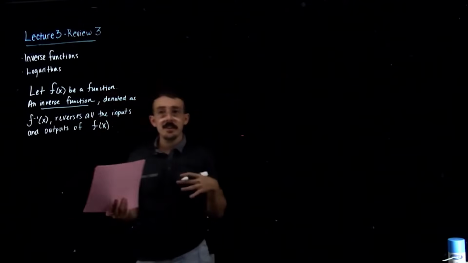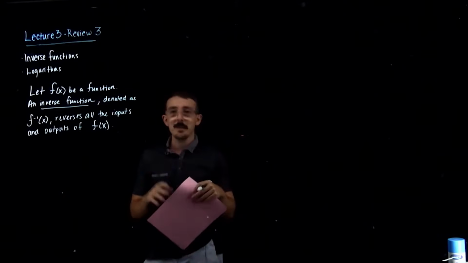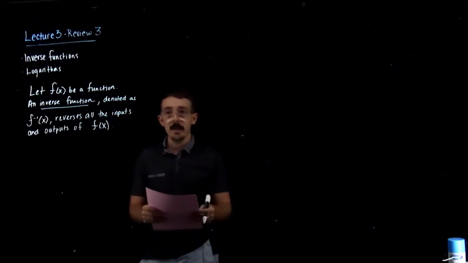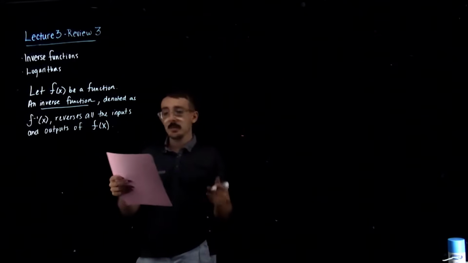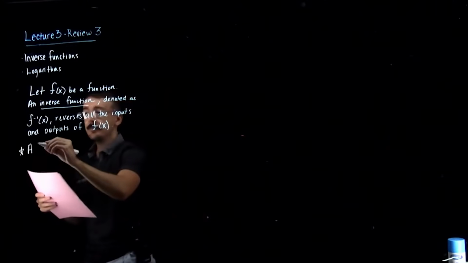An inverse function doesn't always exist. Many times in this class we will let you know that an inverse for the function exists before you begin working the problem. You may also see the phrase one-to-one. So let me put a note here.